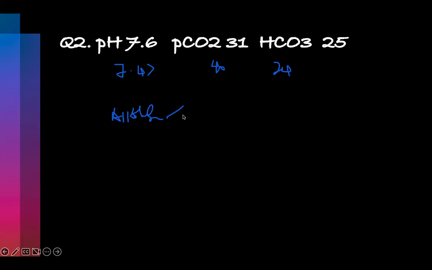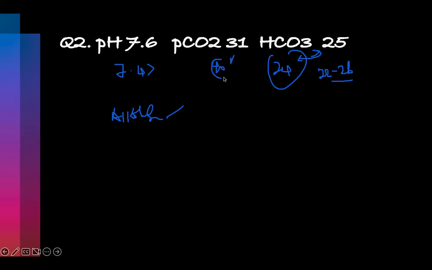What has happened? Look at it. The bicarb now is 24. It has not increased, it's just by 1. It has not done anything. It's within the normal range, 22 to 26. Look how this has blown up.